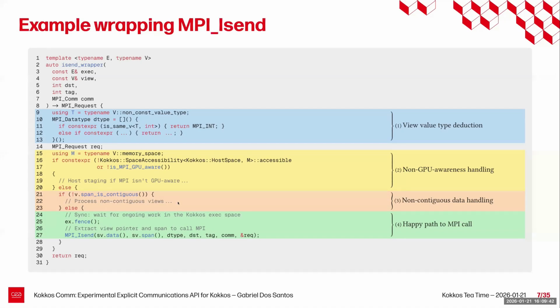And if you're on the happy path, you would just fence on the provided execution space, so make sure that there's no ongoing work in that execution space before performing the actual MPI_Isend call. So it's not very difficult, but there's lots of things that we need to care about. And when you do that on all the MPI calls that you want to wrap, that's a fair amount of work.